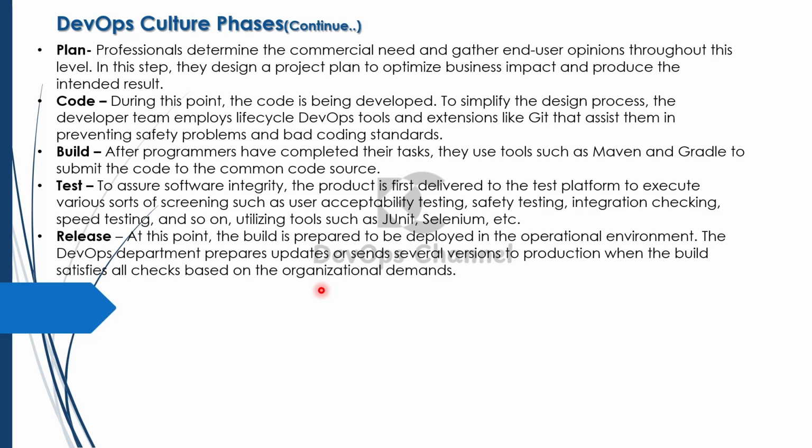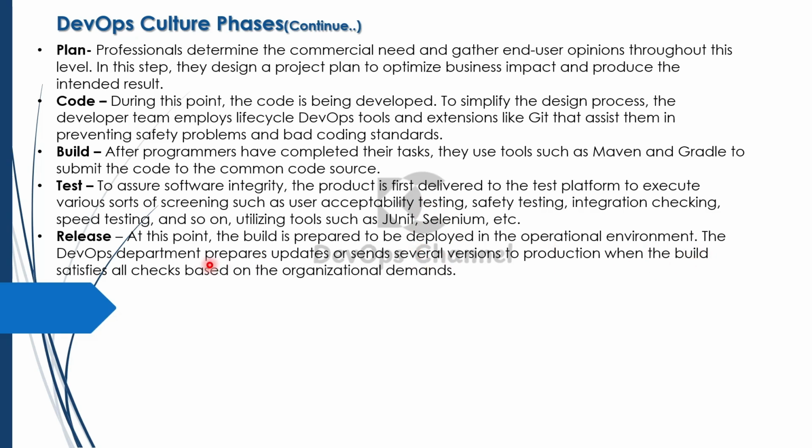Now, the above four are like the development phase of our traditional method, and the operational phase in the traditional method comes next, but in DevOps, it is continuous. So we are combining all these things into a single team.